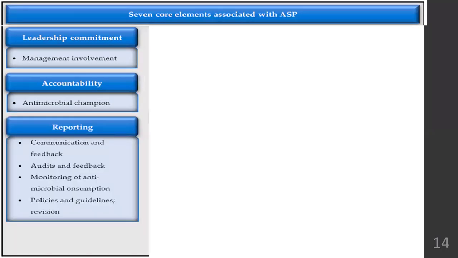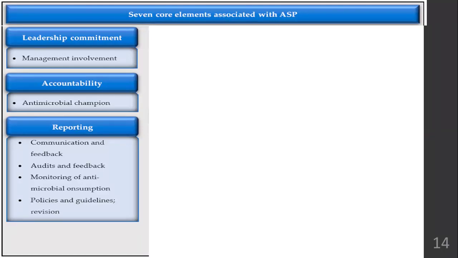Then you have reporting. That is the second element. Under reporting, you have communication feedback, audit feedback, monitoring of antimicrobial consumption, and policies and guidelines revision. Reports should be made on all of these areas.